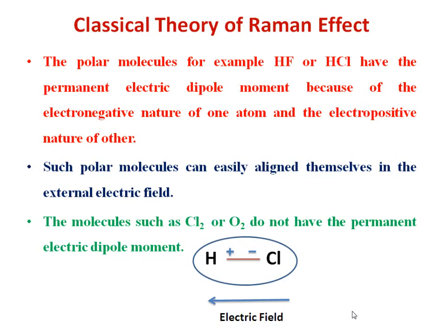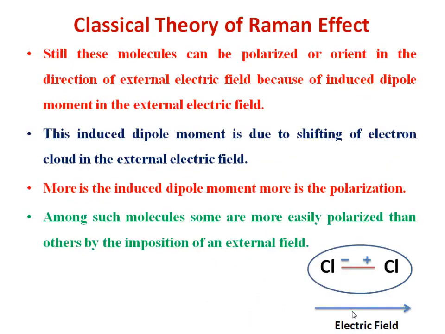But molecules such as Cl2 or O2 do not have a permanent electric dipole moment. Still, these molecules can be polarized or oriented in the direction of the external electric field because of the induced dipole moment in the external electric field.